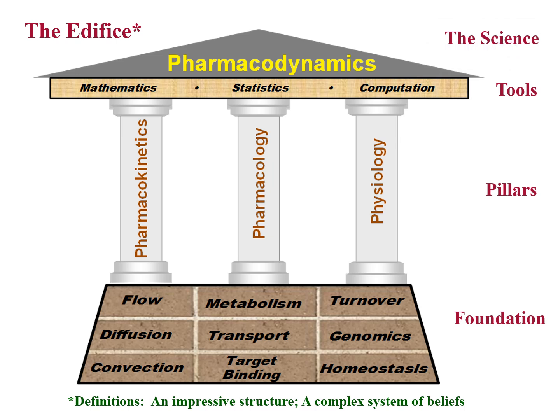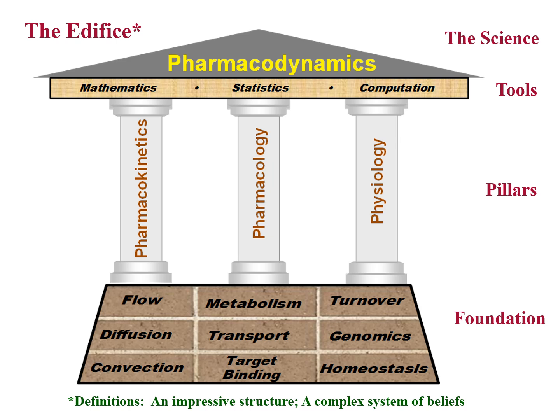So the pillars of pharmacokinetics and dynamics start with pharmacokinetics itself, pharmacology, and physiology. Underpinning these pillars are the foundation, the fundamental laws of biology, physiology, and pharmacology, some of which I indicated previously.